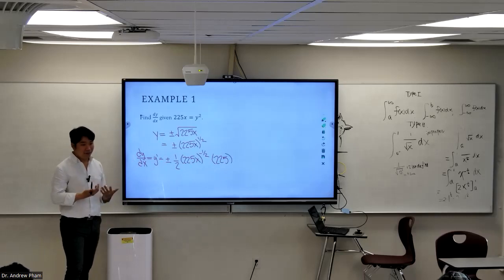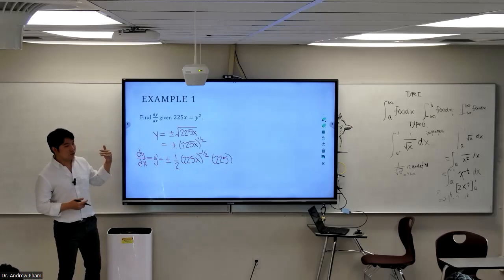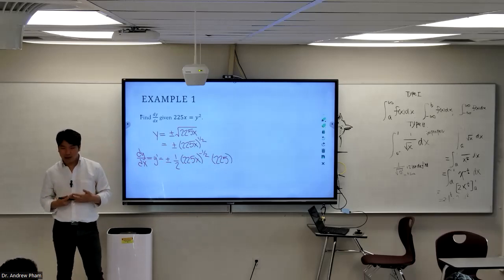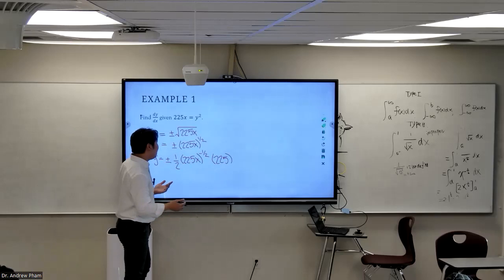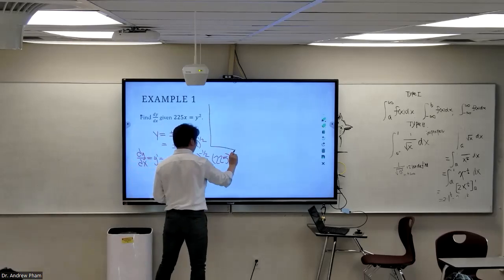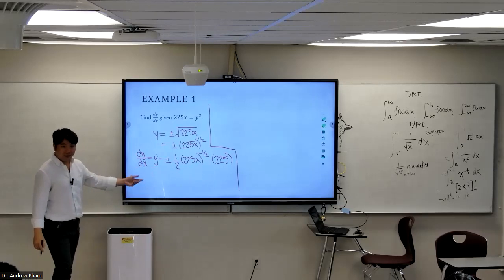This is how we may have done it before. So this is trying to take the derivative through explicit, I'm gonna call it explicit differentiation. Now let's talk about what if I try to do this implicit differentiation. And I haven't really discussed it, but we're gonna see an example of it here. So this is one way that we can try to find the derivative.